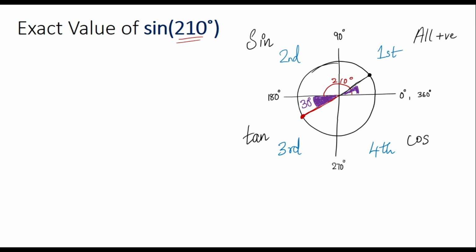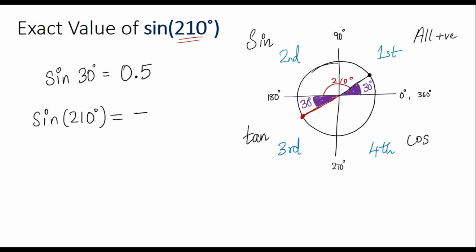This angle is 30 as they're vertically opposite. We know sine 30 is 0.5. Since it is in the third quadrant, sine 210 is equal to negative 0.5.